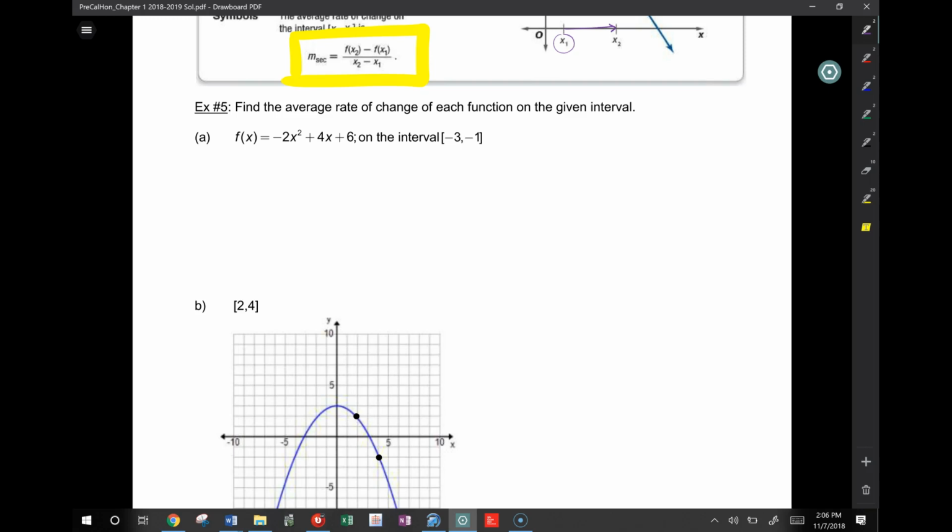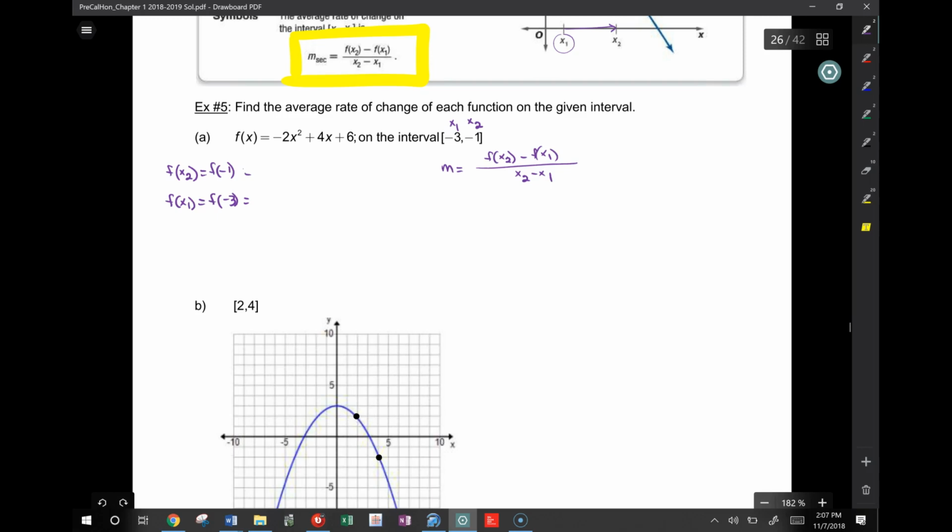Okay, so what we need, m is f of x2 minus f of x1 over x2 minus x1. So here is x1, here is x2. You can't switch the order there, right? So f of x2 is f of negative 1, and then f of x1 is f of negative 3.